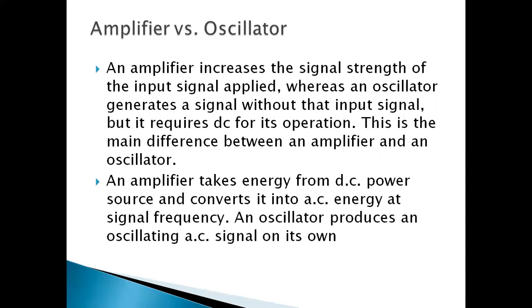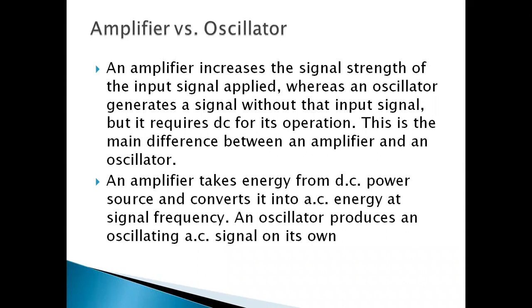Without AC input signal, it generates an AC output signal, but it requires DC for its operation. So here we are not applying any AC input signal to the oscillator, but we are applying some DC signal, and it converts that DC signal into an AC signal. So this is the main difference between the amplifier and an oscillator.